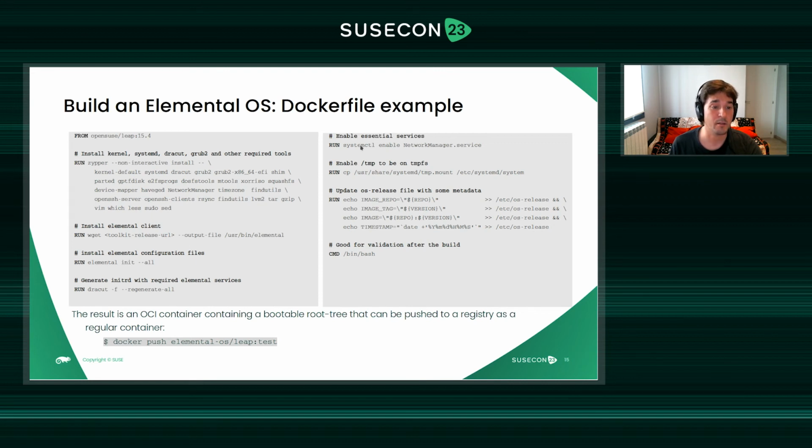This is just good for validation. As we said before, the elemental OS container is a regular container, so once the build is done, it's nice to be capable to actually run docker run my new build image and be dropped in a shell. So we just include a command to a bash shell.